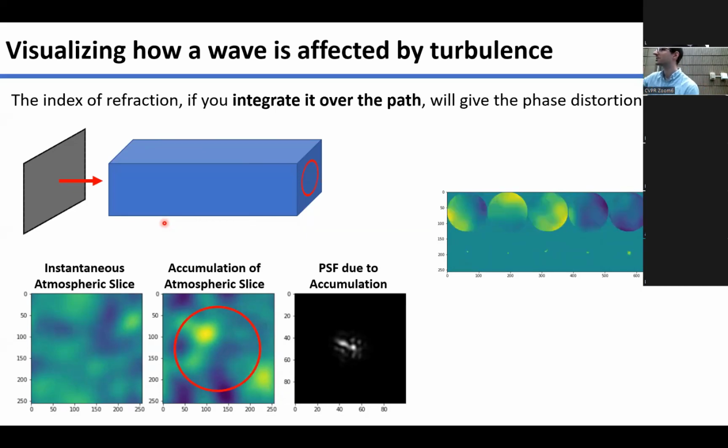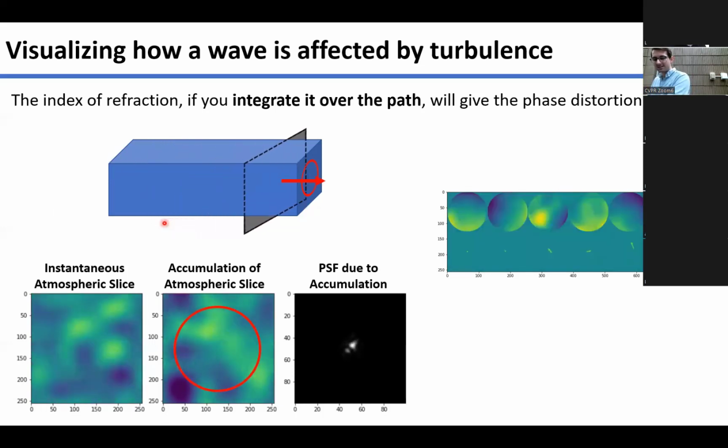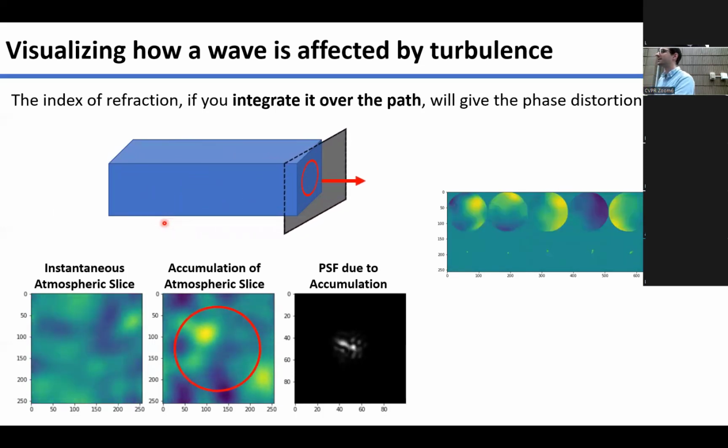They'll be correlated, of course, along the propagation direction. But for the most part, because I have a discrete amount of samples here, let's just assume they're uncorrelated, independent. So if I move this, my instantaneous atmospheric slices will add up into that plane wave. They'll start to distort the plane wave. And eventually they'll all accumulate until at the very end where I hit my aperture, I've accumulated all of this denting up from the atmosphere.